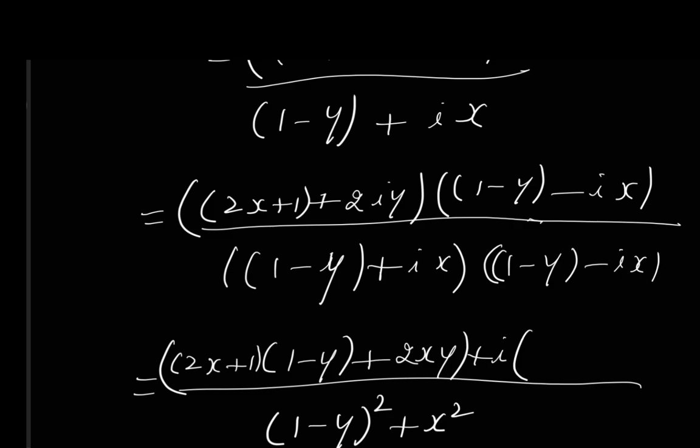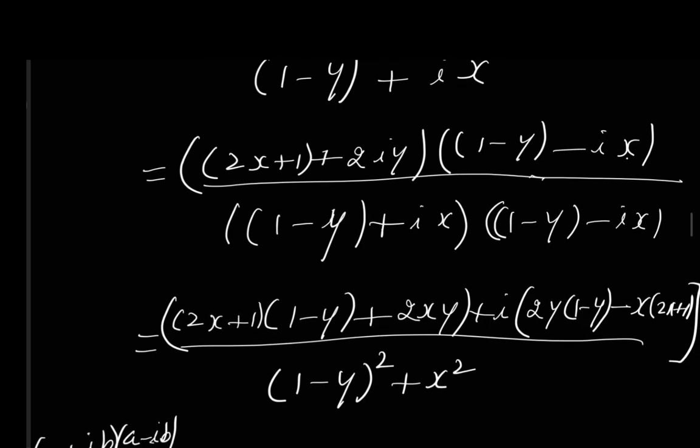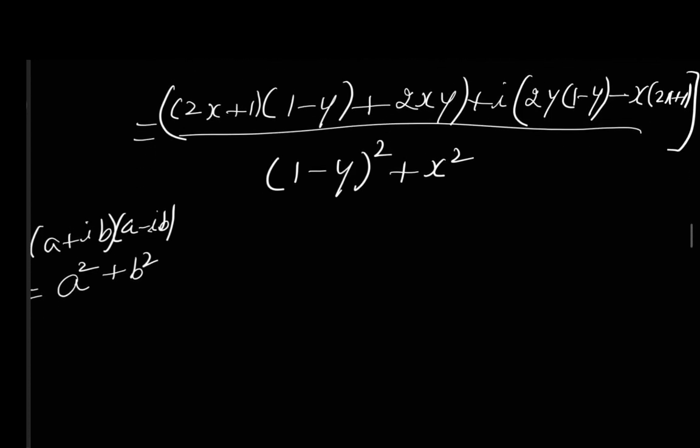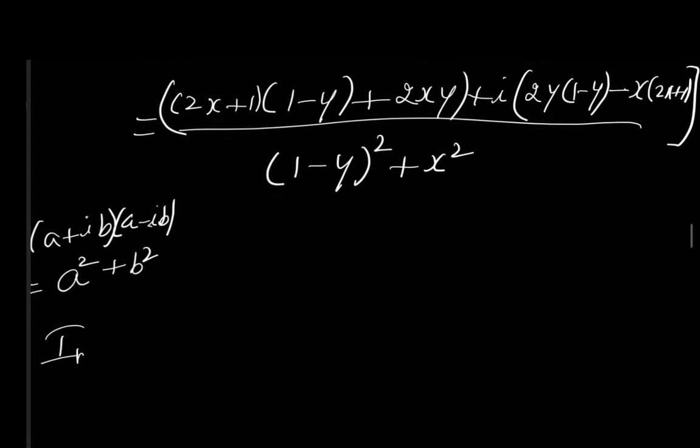And collect the imaginary value, one real with one imaginary. So 2y into (1 minus y), and then here the imaginary with real, minus x into (2x plus 1). This is your imaginary value. So we need only the imaginary part of this number, imaginary of (2z plus 1) by (iz plus 1).